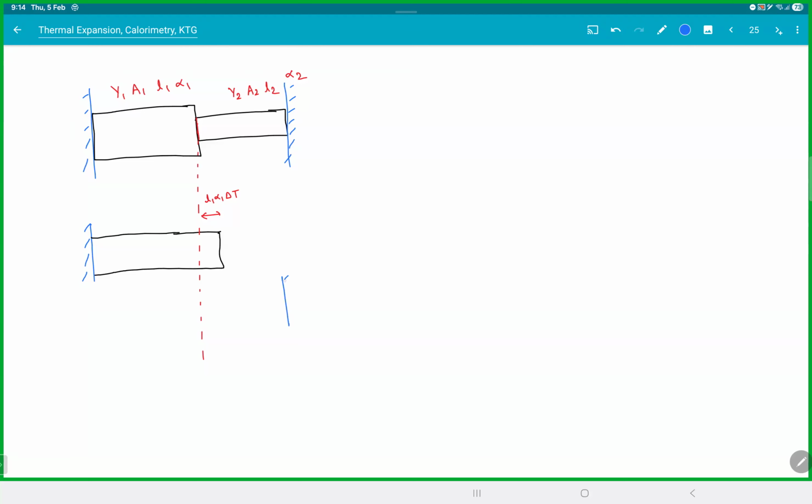Similarly, the right rod will say that if the left rod was not there, I would also have expanded till here.